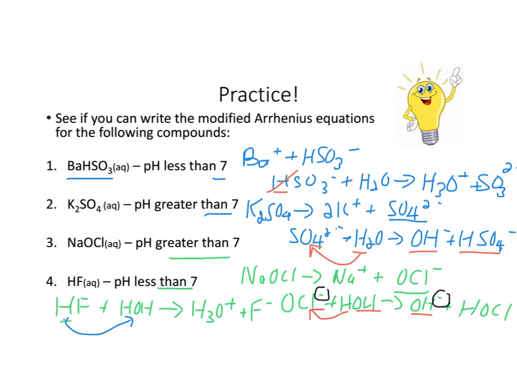We have a net charge of 0 on the left hand side, it's neutral, and on the right hand side, one positive molecule and one negative molecule, so the charge is neutral and the equation is balanced electronically. So there it is, 4 practice examples on writing modified Arrhenius equations. I encourage you to try some in your own practice work.